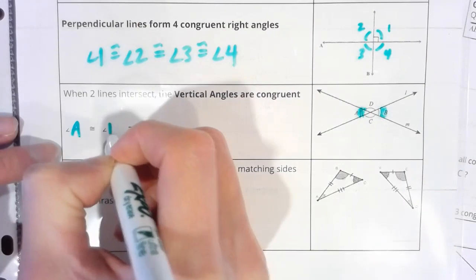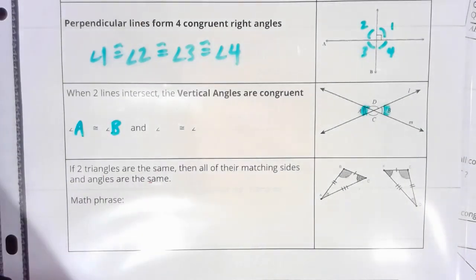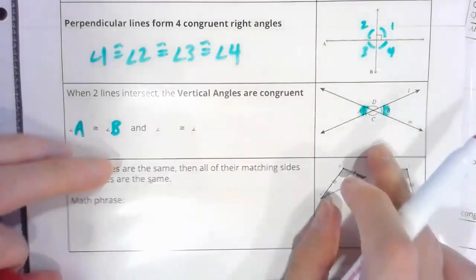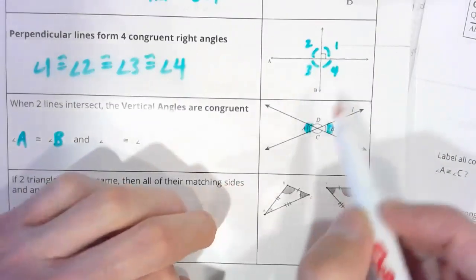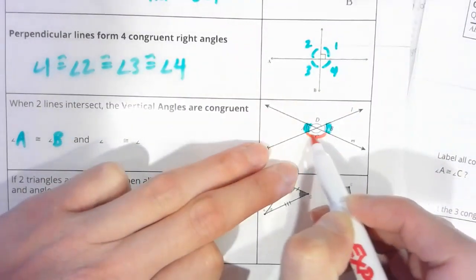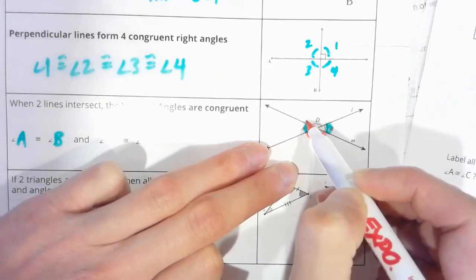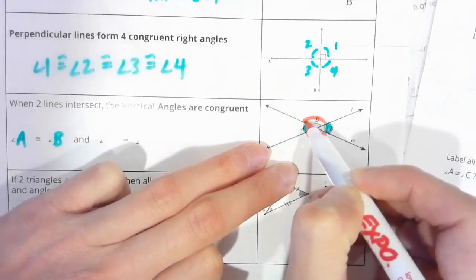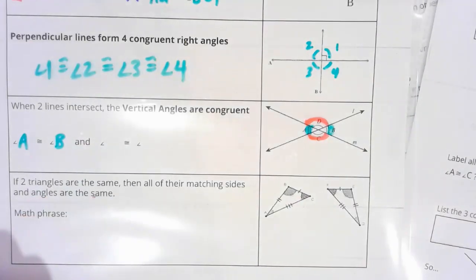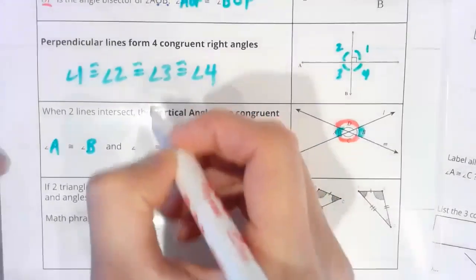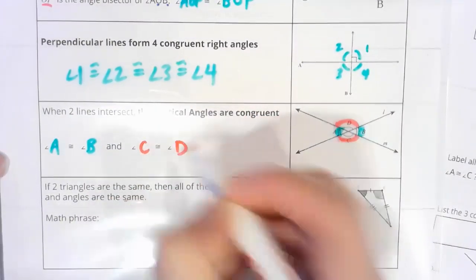So I can say angle A is congruent to angle B. And then the other set of vertical angles that I have are angle C right here, and its vertical angle is the one across that's reflected. It's angle D. So I can say angle C is congruent to angle D.